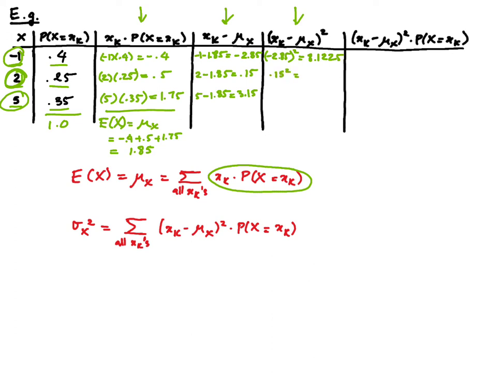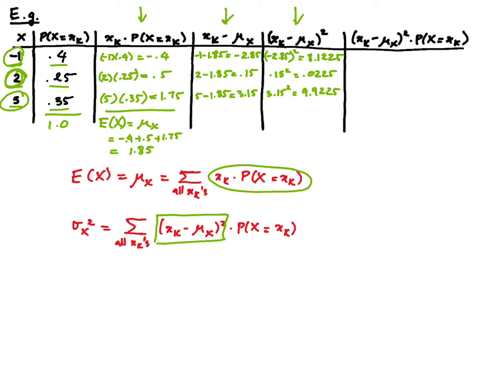That gives us 0.0225. And then we have 3.15 squared, and that gives us 9.9225. Now note that the numbers in this column are these in the formula, right? So it's the xk minus mu of x all squared.